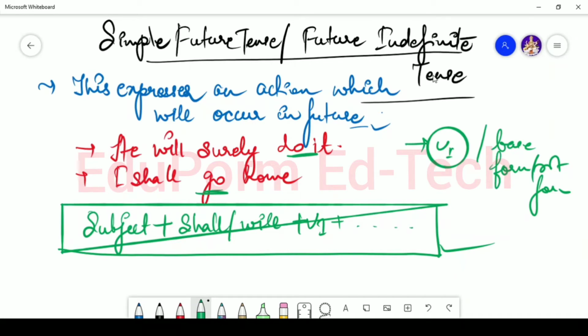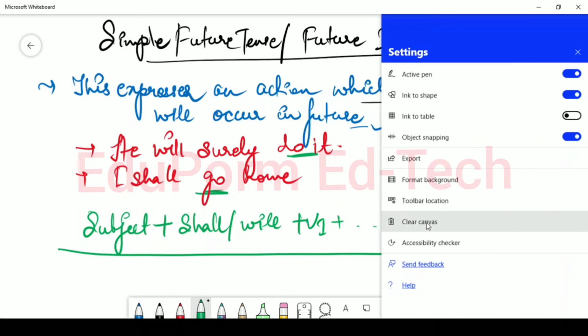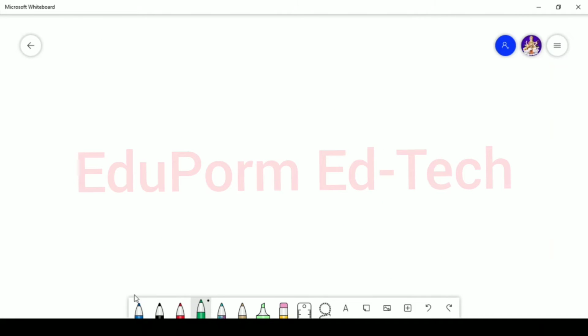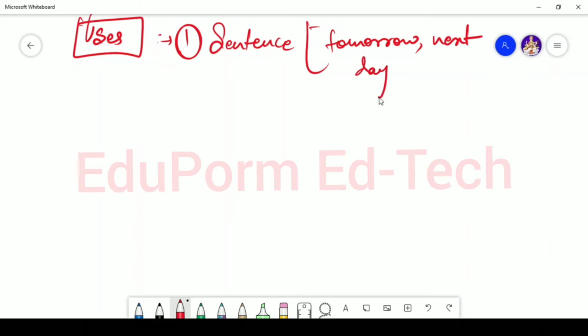Now let's talk about the uses of simple future tense or future indefinite tense. Okay, now we are going to talk about the uses one by one. What is the first use? The first use is when you are talking about any sentence which has words like tomorrow or next day or year or month or week.